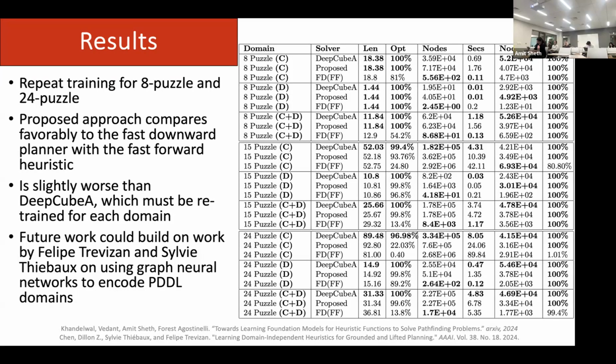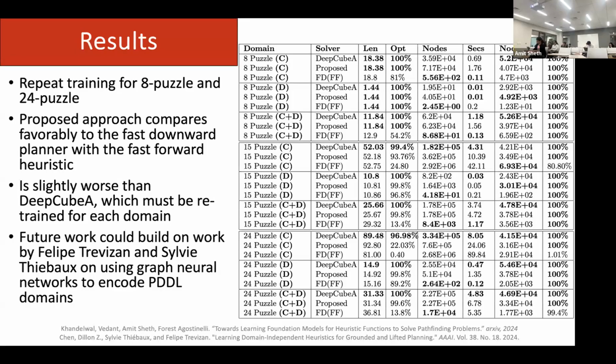It performs worse. But the takeaway message here is it's actually able to solve 100% of all the states, even though it has probably never actually seen this particular domain. It's still able to solve 100% of them without being retrained, whereas with DeepCube, I need to retrain it every time.